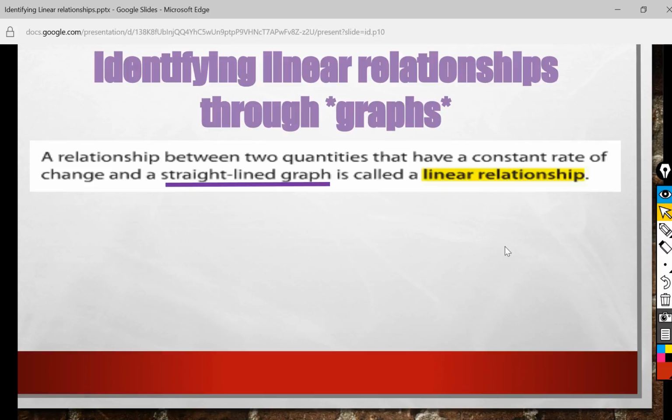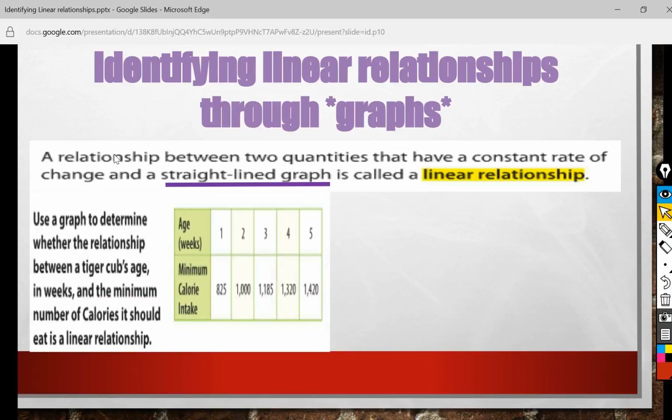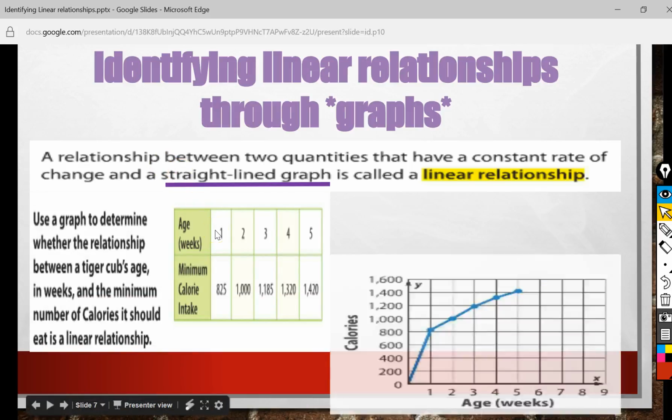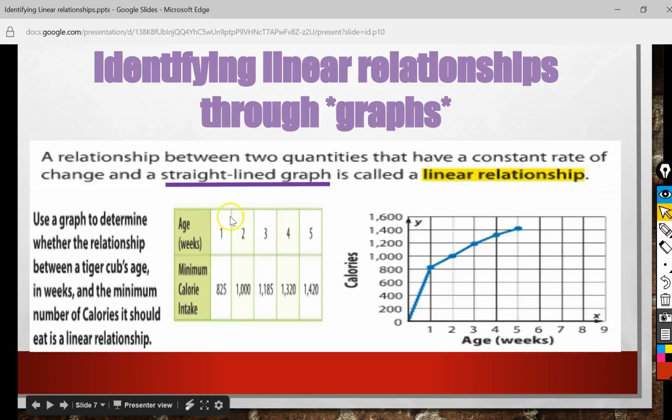Okay, and this is really easy. This is how to tell if it's a linear relationship by looking at a graph. So a relationship between two quantities that have a constant rate of change in a straight line graph is called a linear relationship. So that's just a review of the definition. So looking at the graph of this table right here, because you can graph tables, and this word problem over here, it's like a situation that we can graph.